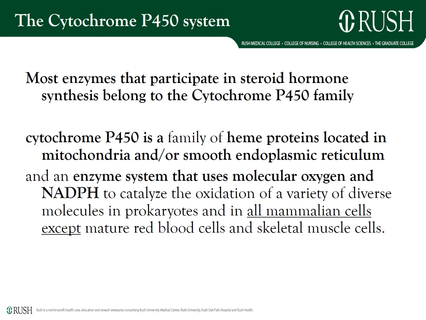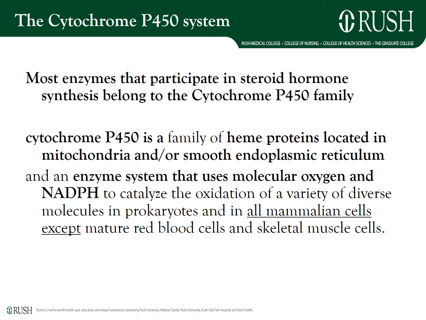The cytochrome P450 system is a heme protein, an enzyme system localized either in the mitochondria or smooth endoplasmic reticulum of a couple of organs. It uses molecular oxygen and NADPH, which again comes from the hexose monophosphate shunt, and catalyzes oxidation reactions.